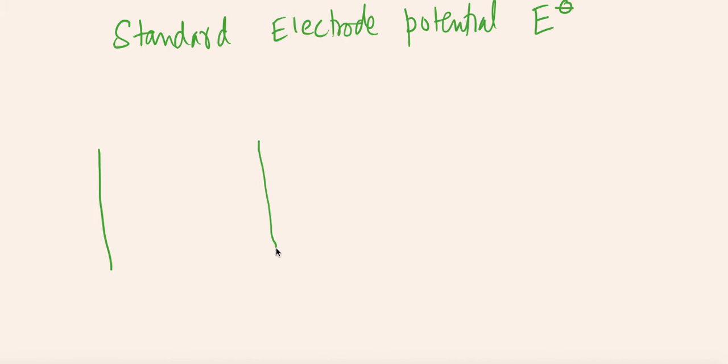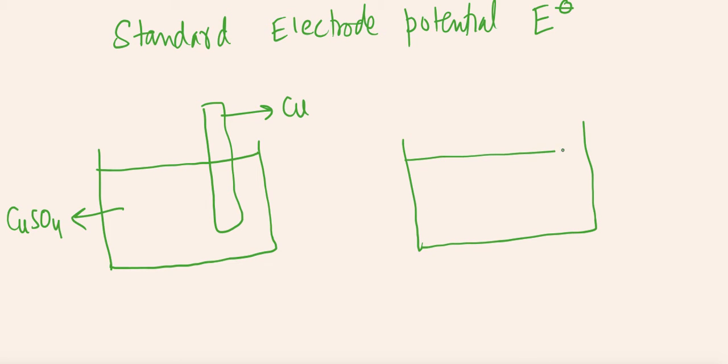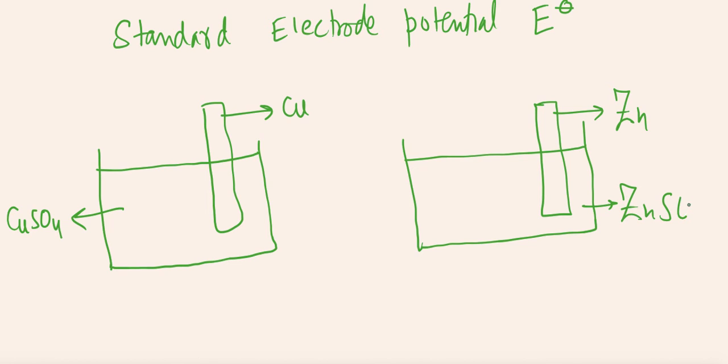When you use this term standard electrode potential, it is a must that if you have a copper electrode, you will add this copper electrode into its salt solution like copper sulfate or copper nitrate. And suppose if you have a zinc electrode, it is necessary that you will dip this zinc electrode into its salt solution like zinc nitrate or zinc sulfate.